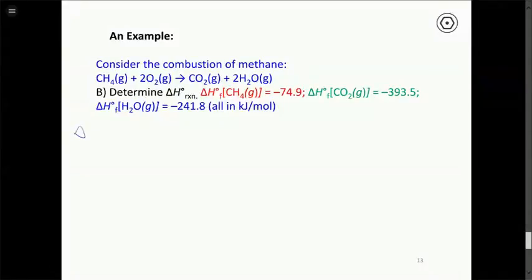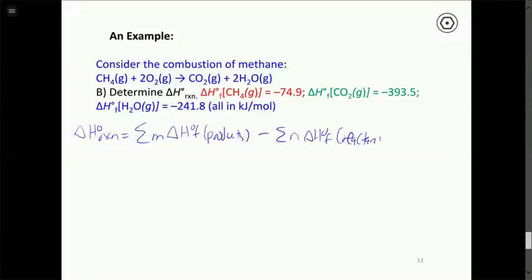So the delta H for the reaction, remember, it's going to be the sum of all the formation delta H's for the products, minus the sum for the reactants. Okay, so that's the general equation.